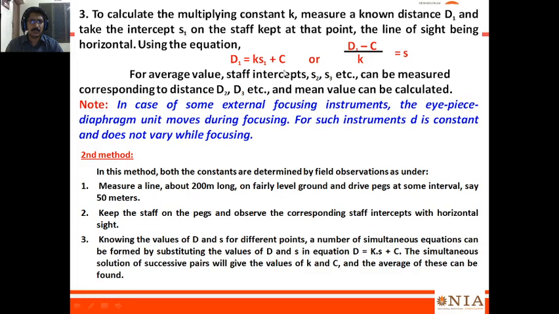So now the distance is known, and the top and bottom reading difference gives S1, so what is left are K and C, right? Similarly, for another known distance D2 and D3, if you are able to solve those equations, you will get the values of K and C, right?